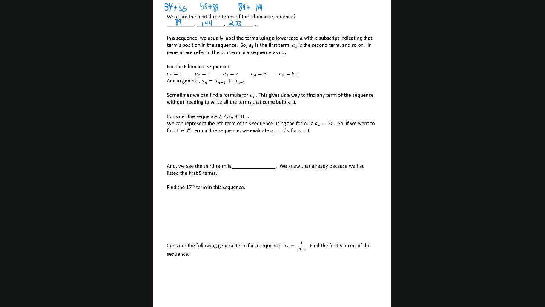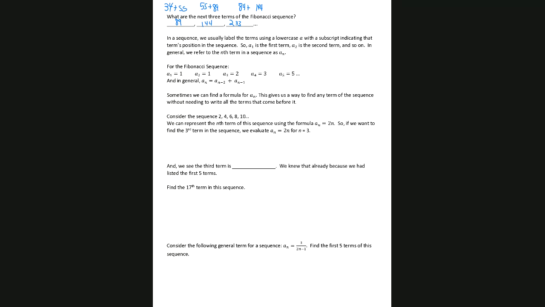All right, in a sequence, we usually label the terms using a lowercase a with a subscript indicating that term's position in the sequence. So a sub 1, we say, is the first term, a sub 2 is the second term, and so on. In general, we refer to the nth term in a sequence as a sub n.